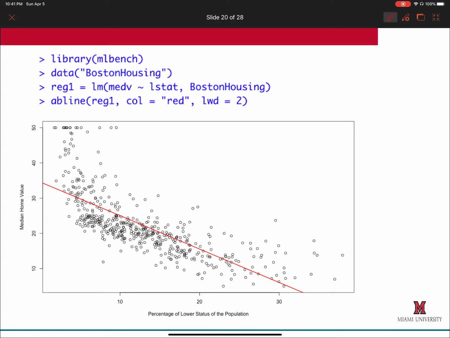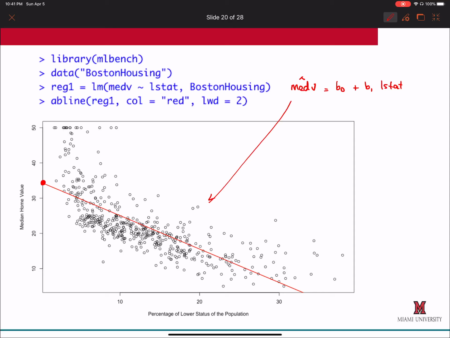If we do a regression using median value and get the y-intercept and the slope using LSTAT, these are the parameter estimates that we would have, but this would not do a good job overall. The residuals wouldn't look like they follow a normal distribution.